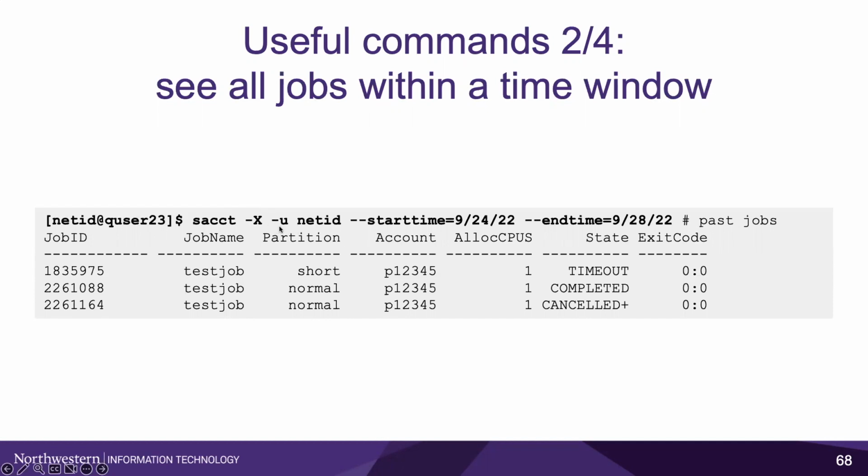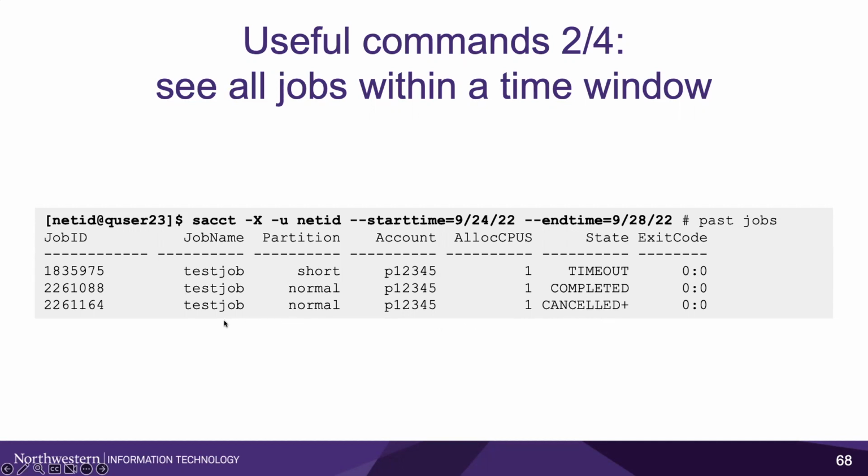And then you can specify your own NetID if you want to select a given user. And then you can do something like select a time window by specifying the start time and end time, as I'm doing in this example here. This prints a summary of the list of jobs, similar to what you saw before, including the job ID, the job name, partition, the state of the jobs, and things like that.